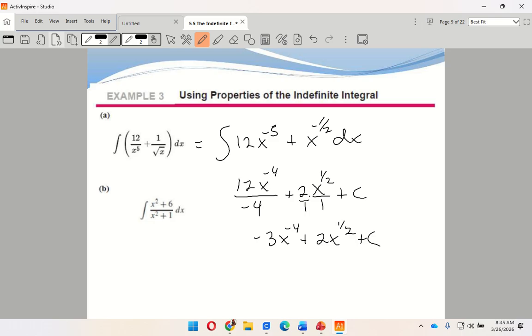Now, this next part is going to be tricky. They intentionally put it like this, so you have to look at it. Now, this is how I want you to look at it, specific of this. What's the degree of the top? 2. They're both 2, right? That's important.